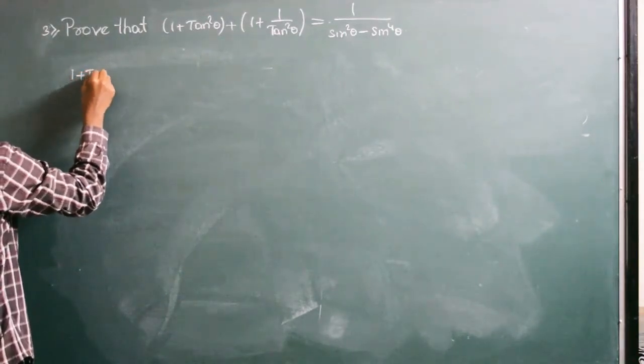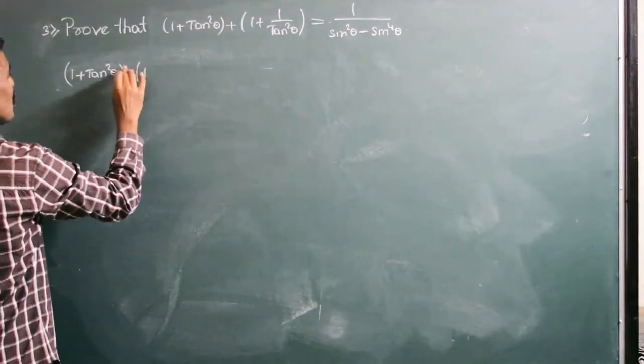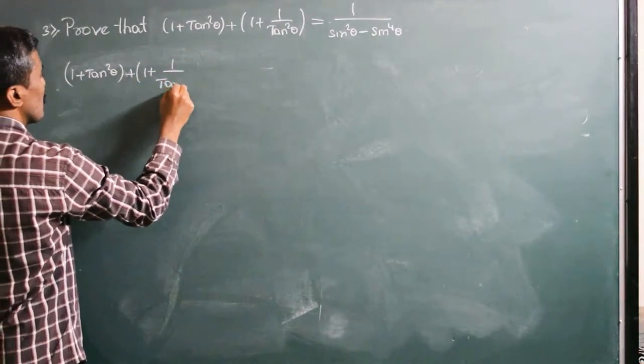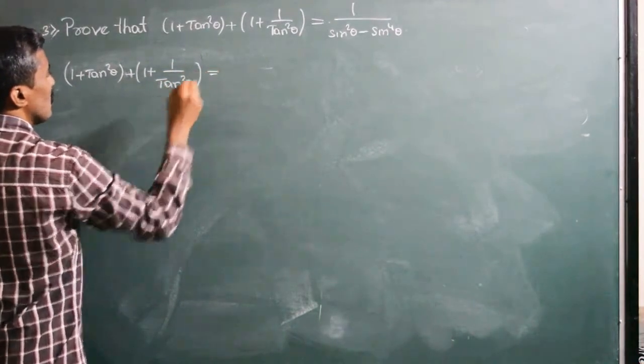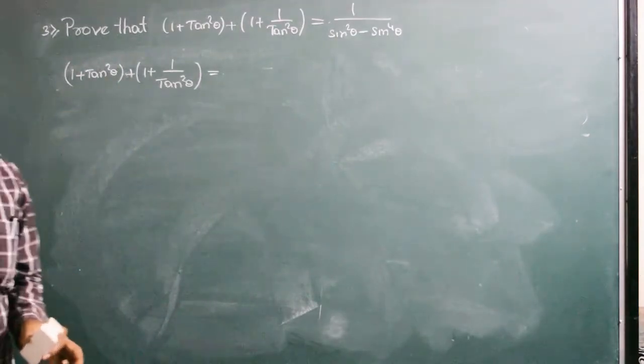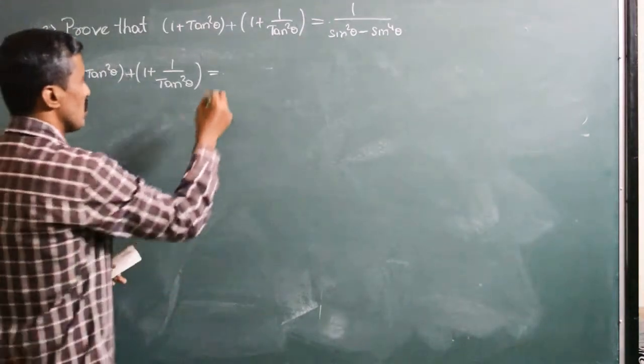1 plus tan square theta plus 1 plus 1 by tan square theta. The term in the first bracket is 1 plus tan square theta, but we know that what is 1 plus tan square theta? It is secant square theta, correct?